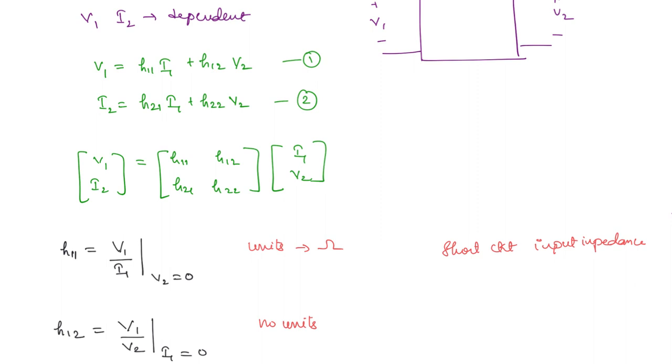Usually we write gain as output by input, but since it is input by output, we write it as the reverse voltage gain. Also, the current I1 is equal to 0 here, which means it is an open circuit parameter. So we write open circuit reverse voltage gain.